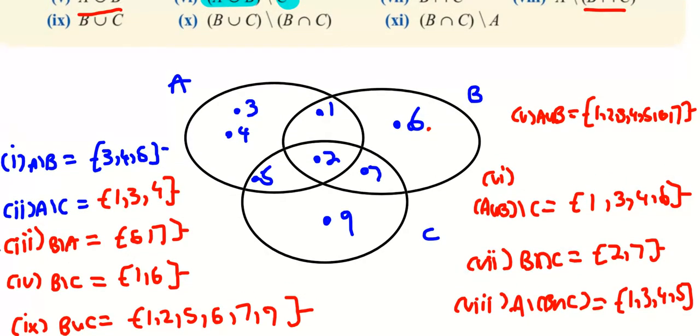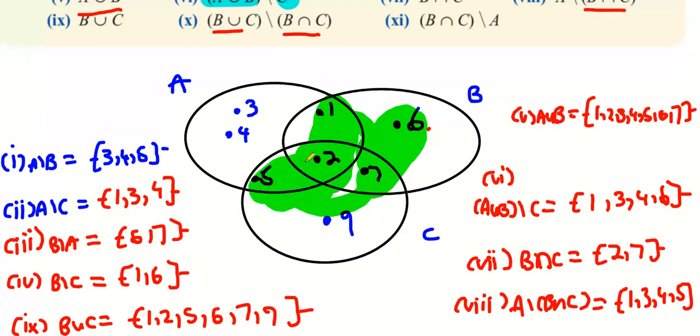B union C less B intersection C. So everything that's in B union C, but not allowed in B intersection C. B union C would be all these here. This is everything in B or C, but you're not allowed in B intersection C. And B intersection C, need a darker color here, is these two guys here, the 2 and the 7.